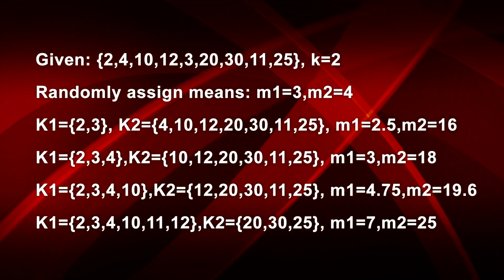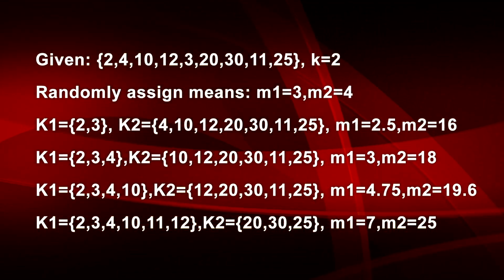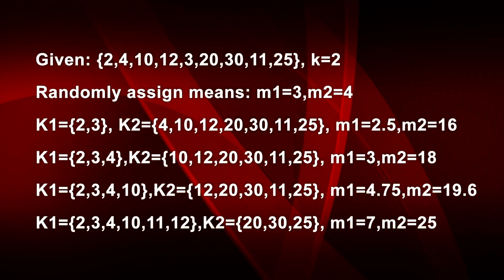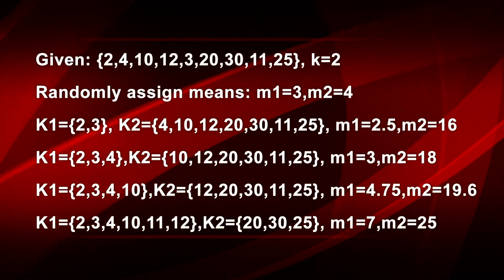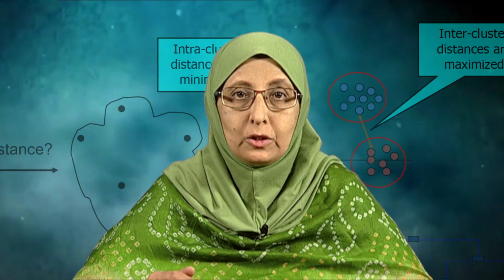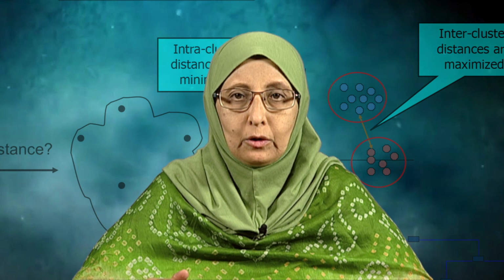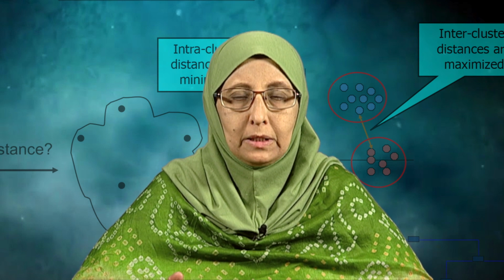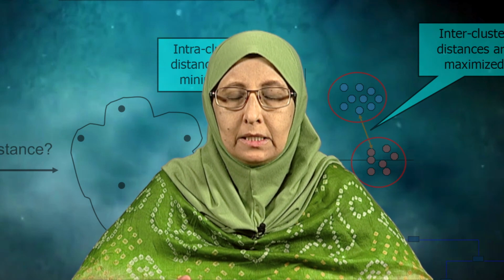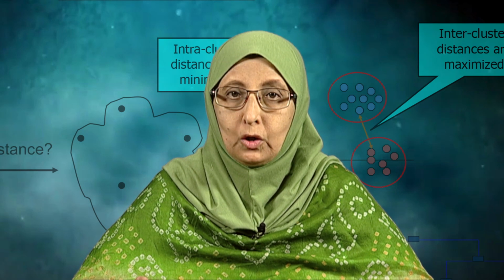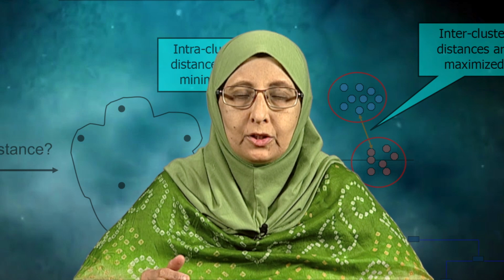So we shall continue this till a point where the elements of K1 and K2 do not change anymore and they remain in their own respective clusters. Now the question is, where do we stop this algorithm? This algorithm stops when the cluster means don't change anymore, which means that the data elements in each of these clusters don't change from one iteration to the next iteration.